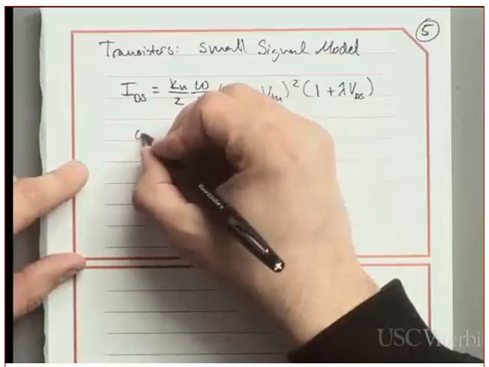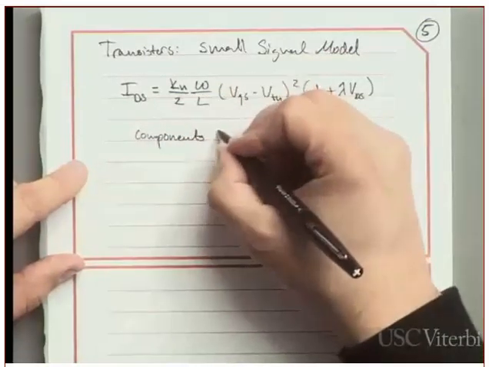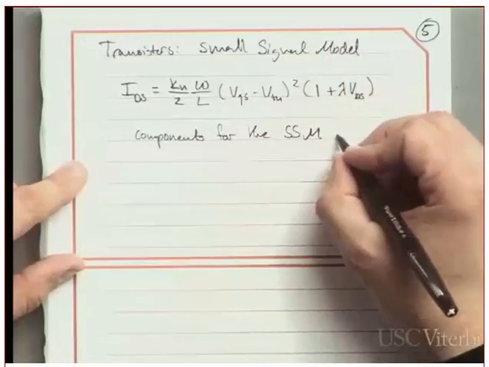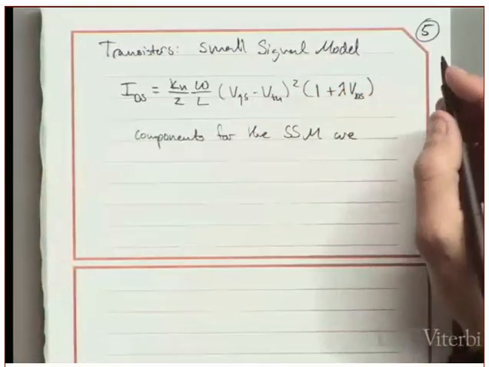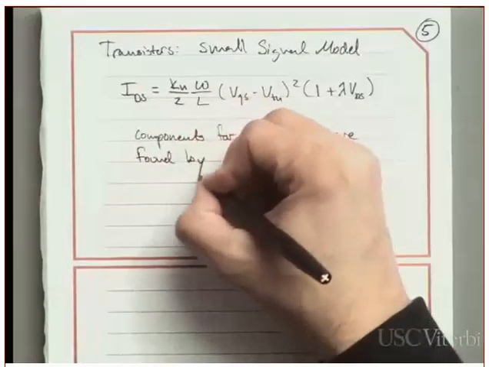So the components for the small signal model are found by taking derivatives.